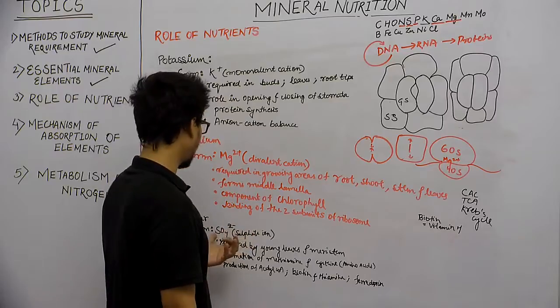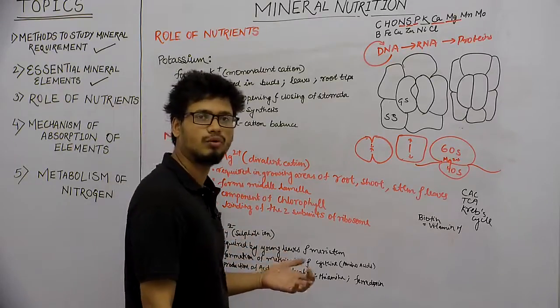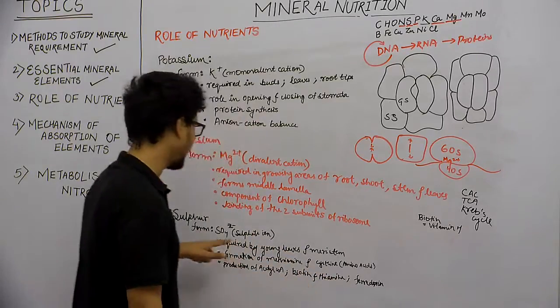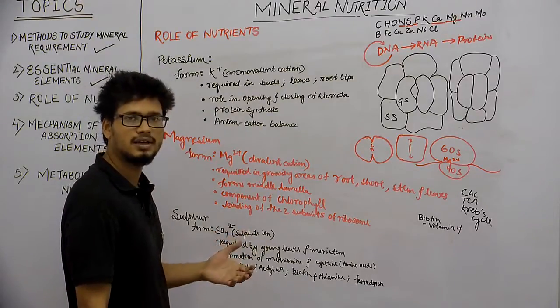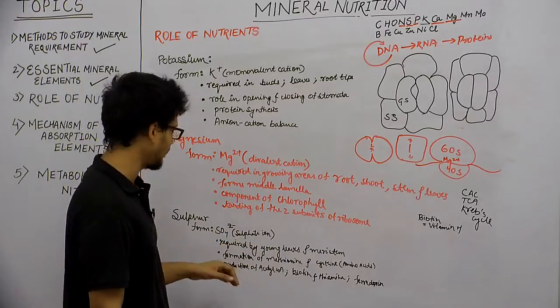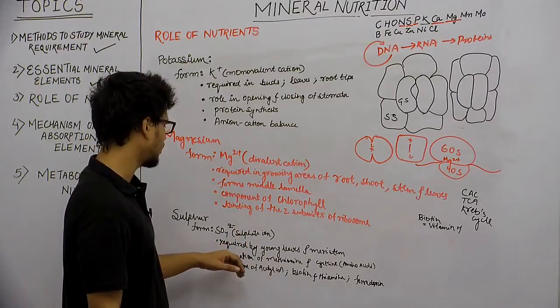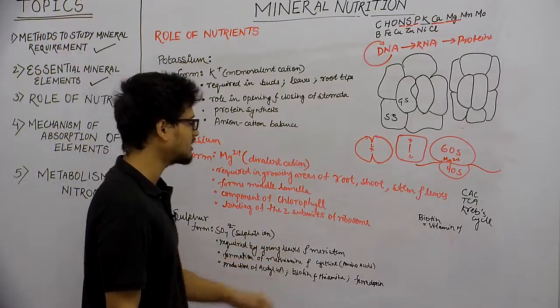Sulfur जो है वो absorb होता है in the form of SO4 2-, that is sulfate ion. It is required by young leaves and meristem. Again यहाँ पे young parts में sulfur की जरूरत है. Plus it leads to formation of methionine and cysteine.